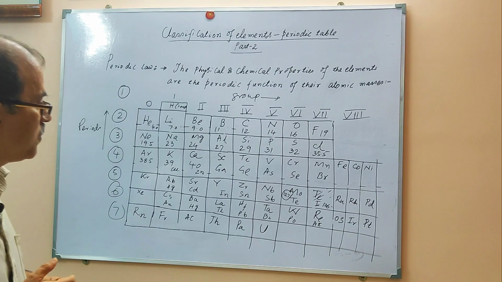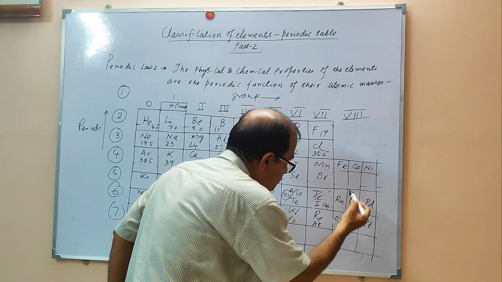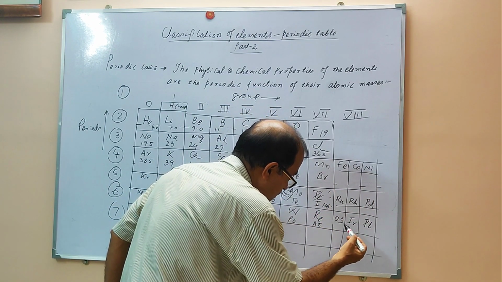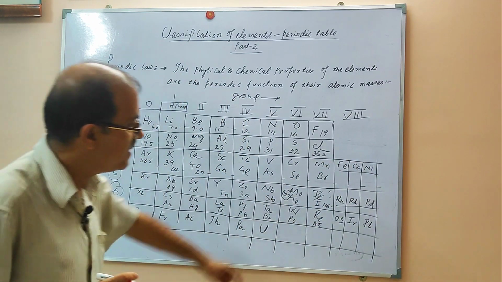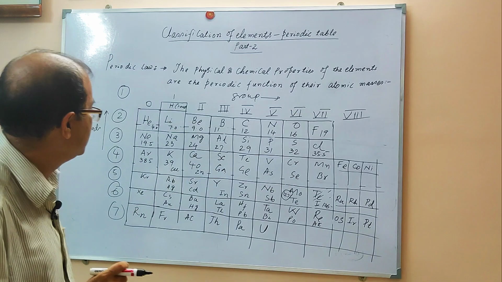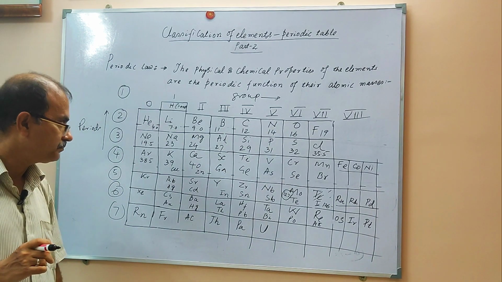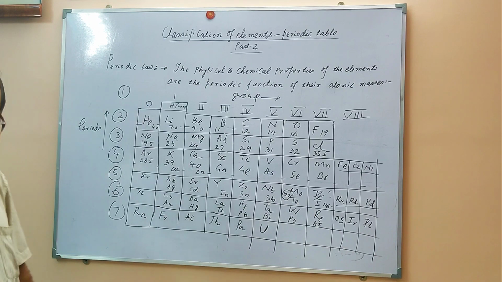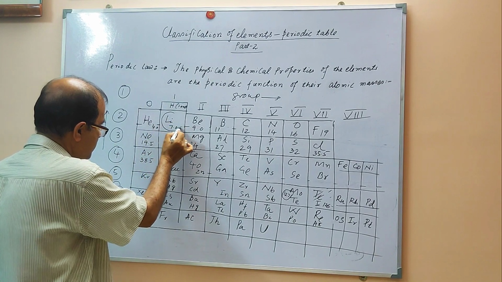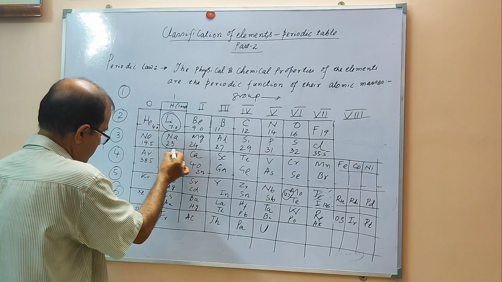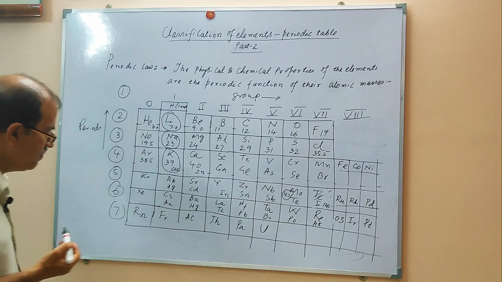And you can see here also Fe, Co, Ni, ruthenium, rhodium, palladium. These are basically called the triads. There are a total of 9 elements in these triads, and also the Dobereiner triads. You can see here, this is a Dobereiner triad, lithium, sodium and potassium.